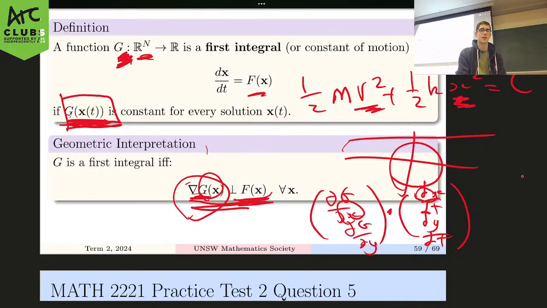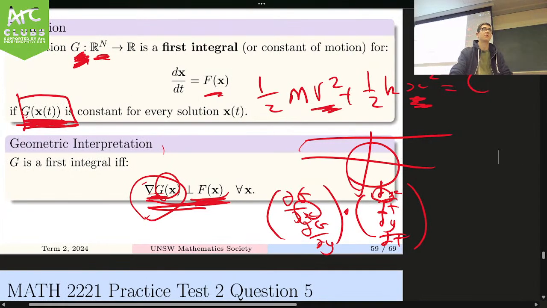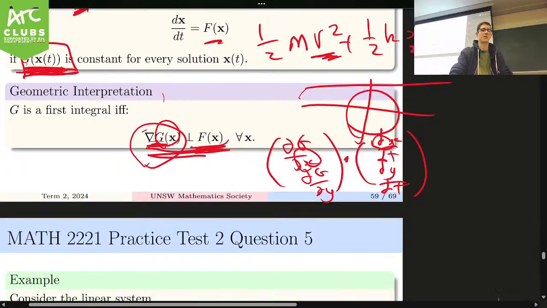So we're saying that this nabla is perpendicular to our velocity. So the velocity is going along that place where g is constant, if that makes any sense. You might want to revise that from 2111. Don't revise 2221, because that's what we're doing right now.